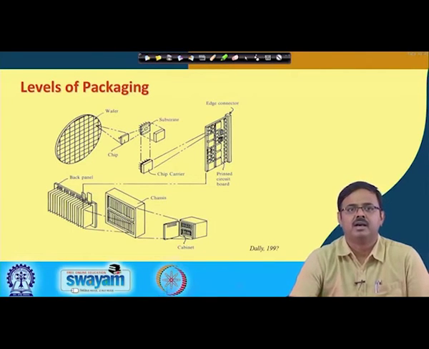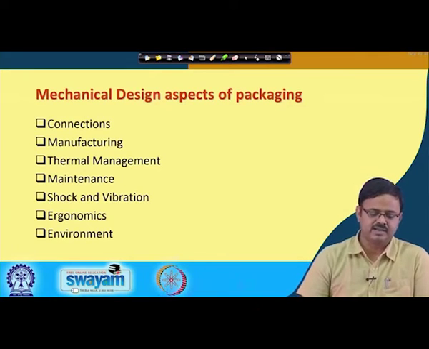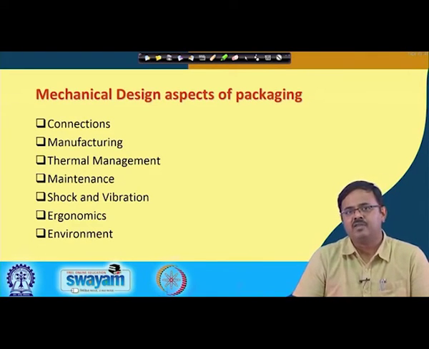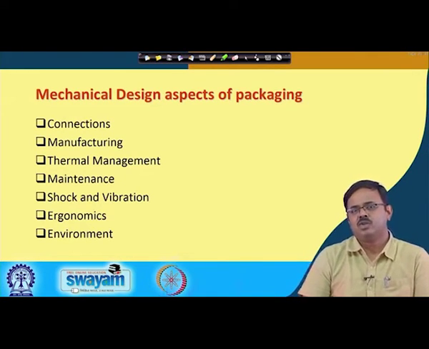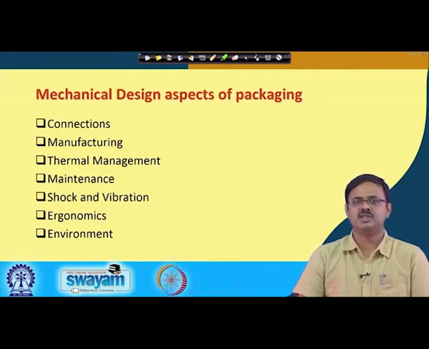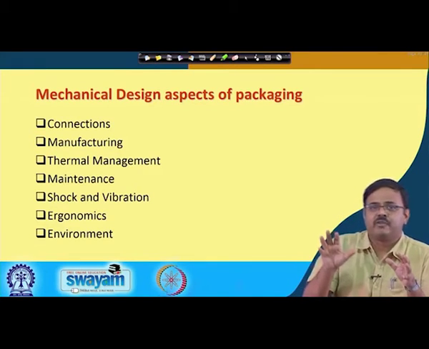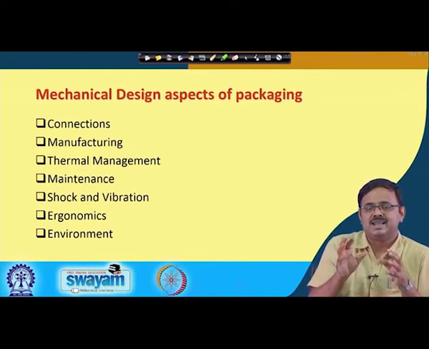Okay, now mechanical design aspects of packaging are all these things. So in our course, we are not going to talk a lot about the electronics part. When we talk about electronic packaging and manufacturing, the focus of this course is going to be primarily on the mechanical and manufacturing sides, because unfortunately these aspects are often neglected.